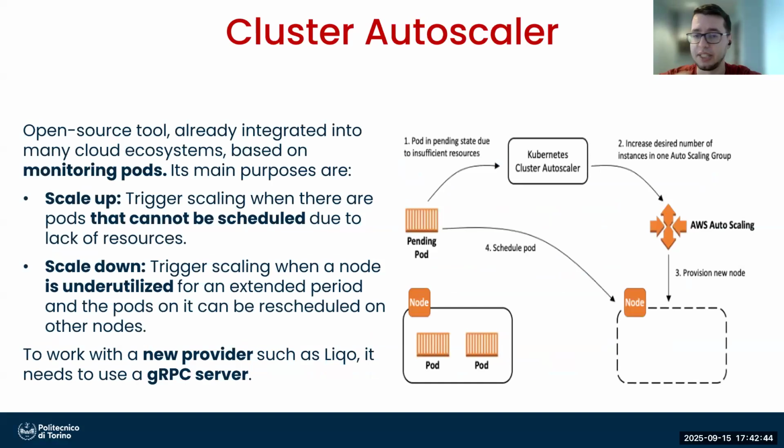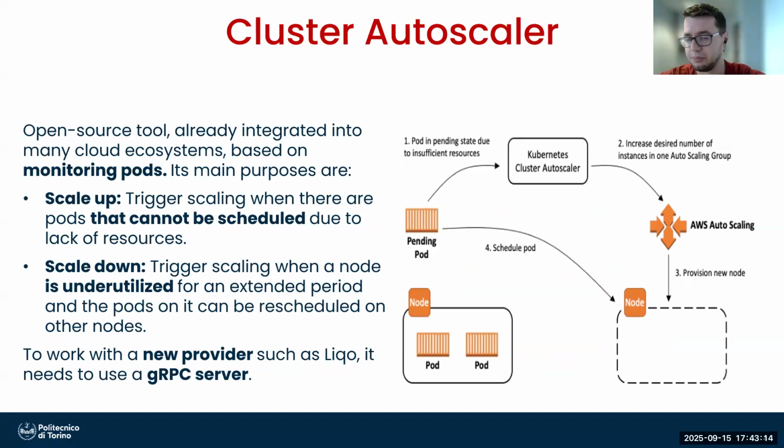Just a few words about the cluster autoscaler. This is an autoscaler based on pods, not on metrics. So it's very reactive, it's not proactive. For example, the scale up is triggered when it detects that a pod is in pending state and cannot be scheduled on the cluster.